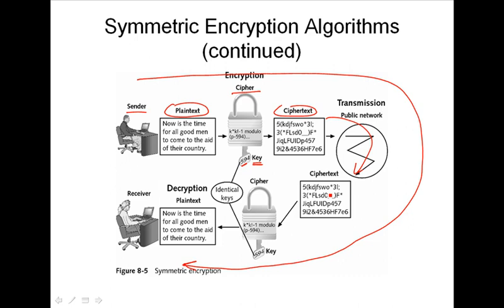At the recipient end, we pass the ciphertext into the cipher along with the key. In this case, notice it's the same key. As I pointed out a couple slides ago, we only have one key to work with in symmetric encryption. So we feed in the same key into the cipher, and we recover the plain text, equivalent to what was sent by the sender.